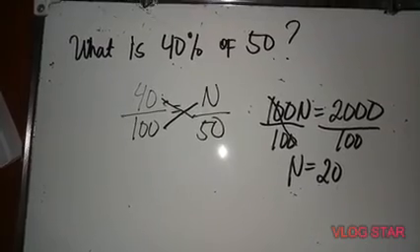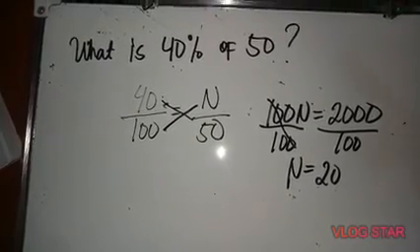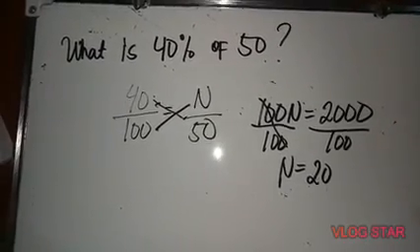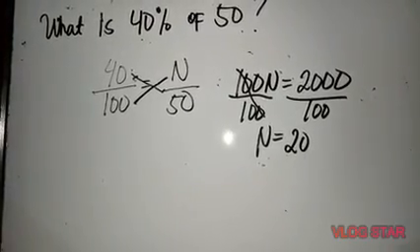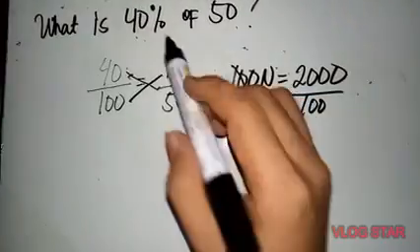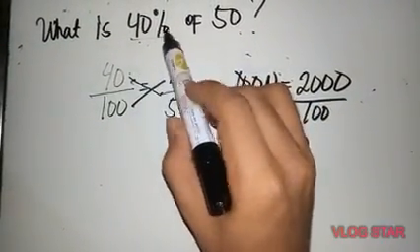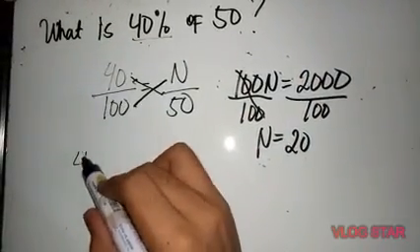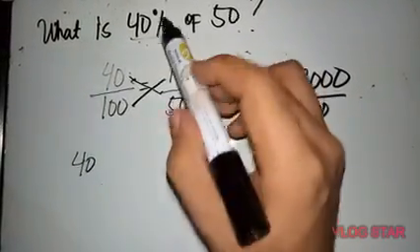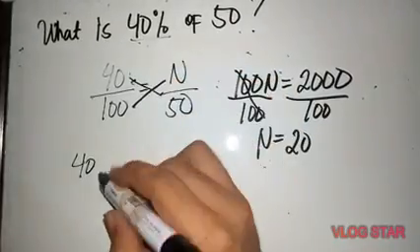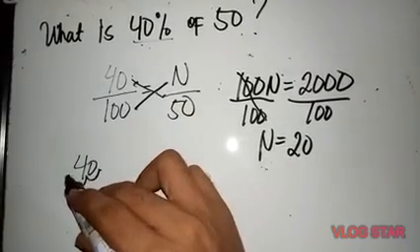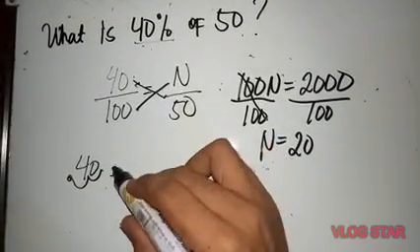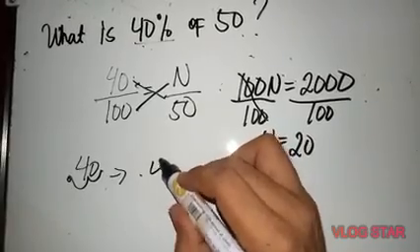Another way of answering this one is by converting percent to decimal. So we write this one into, so from 40%, just move the decimal point twice, 1, 2, making it 0.40.